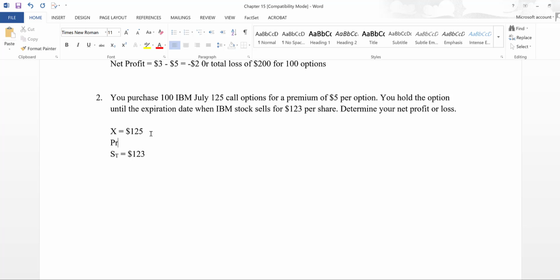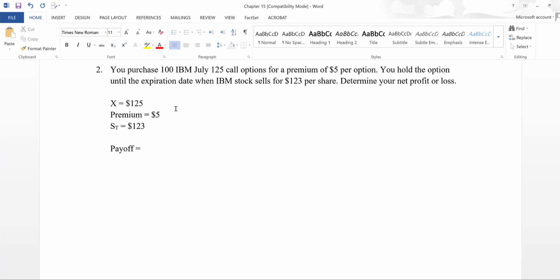Premium on this option is again $5. So you again have to compute the net gain or loss. What is the payoff in this case? Well, you have to determine whether the option is in the money or out of the money. Would you consider exercising this option? You have the right to buy the share at 125. If you exercise that right, you would be buying at 125, selling at 123. You obviously don't want to do that.